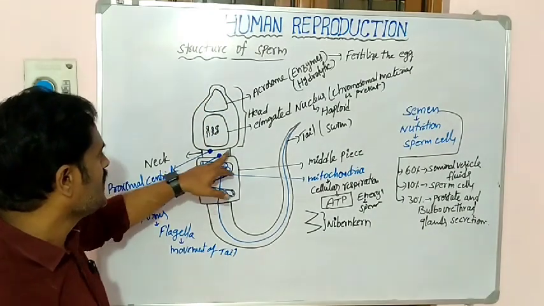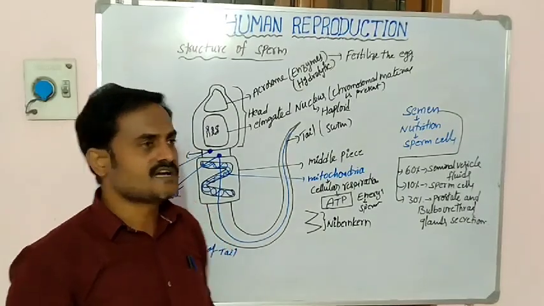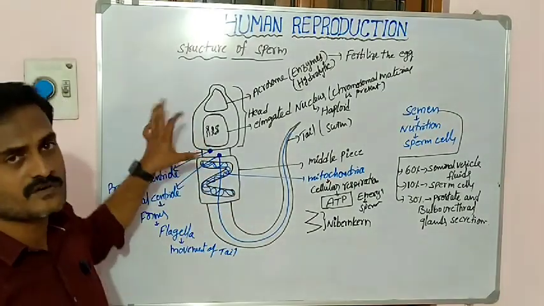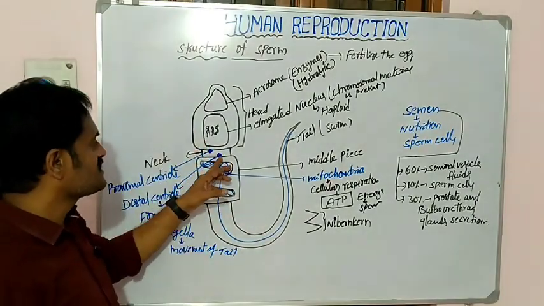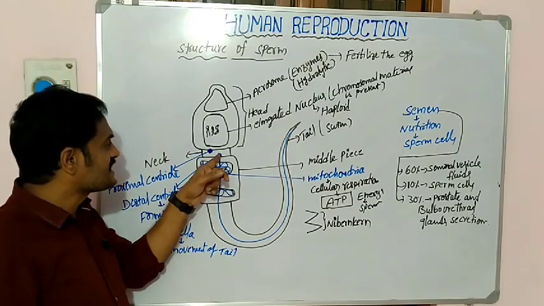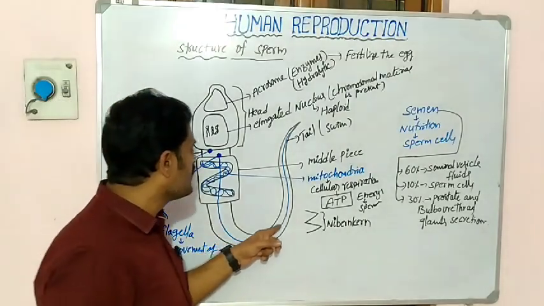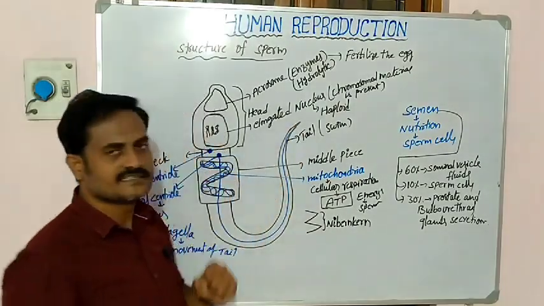Then coming to the neck region, it consists of two types of centrioles. The uppermost centriole is called the proximal centriole, and the lower one is called the distal centriole. The distal centriole forms the elongated flagella throughout the tail.